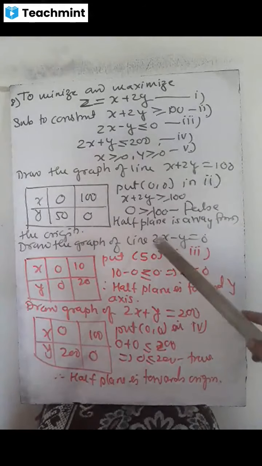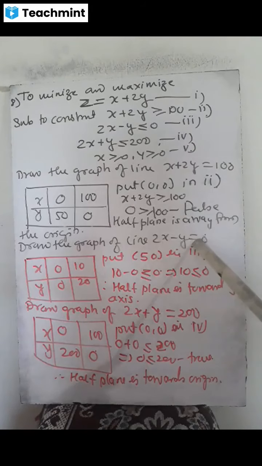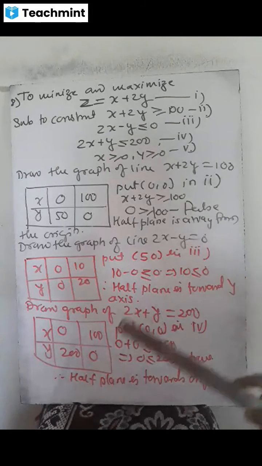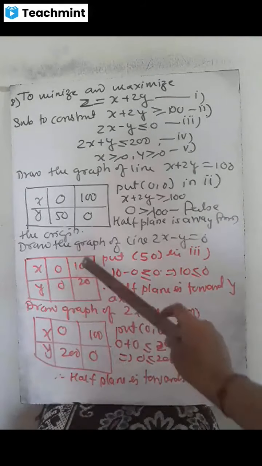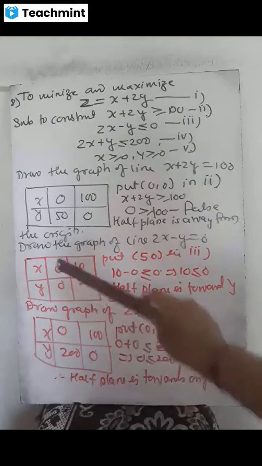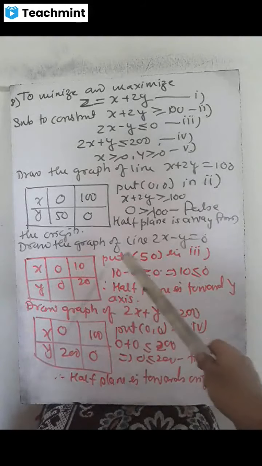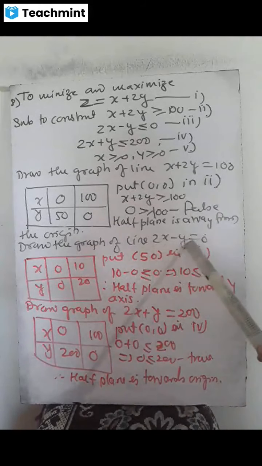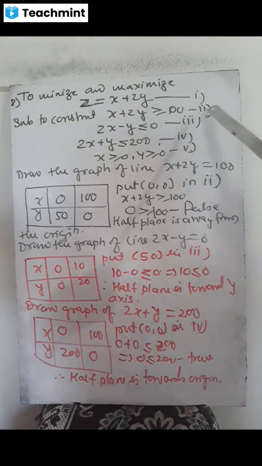Second equation is 2x minus y less than or equal to 0. So we will convert it into the line 2x minus y equal to 0. When putting x as 0, y is 0. Putting x as 10, y will be 20. Now here, as we are getting only one point, 0, 0, we will put another point, 10, 20, and check for this equation number 3.